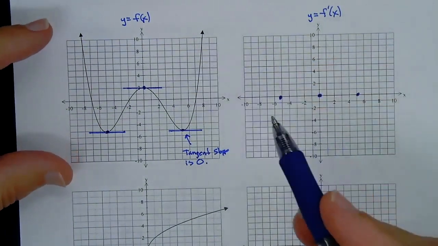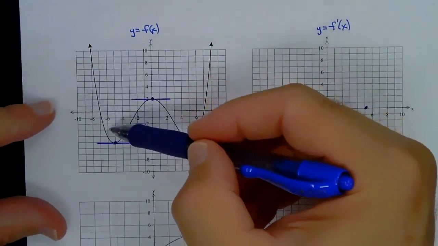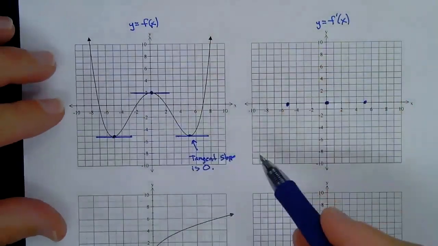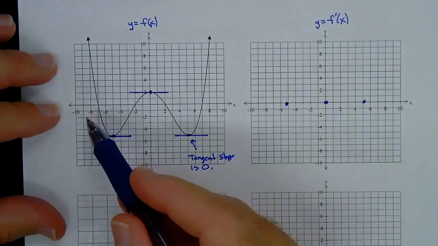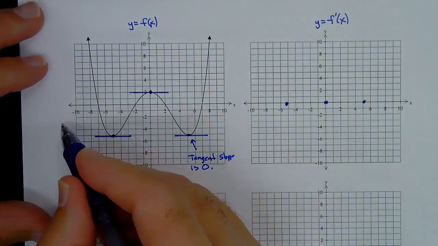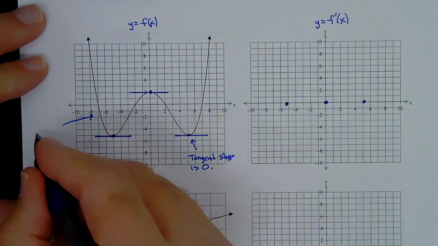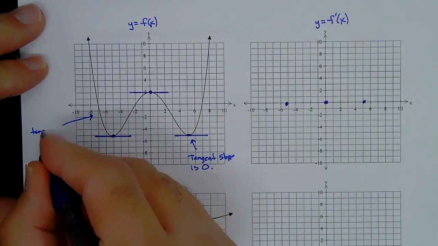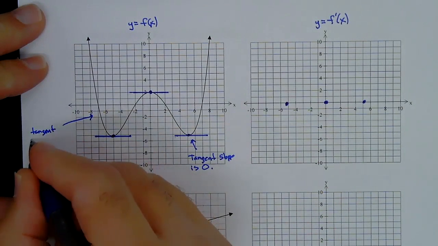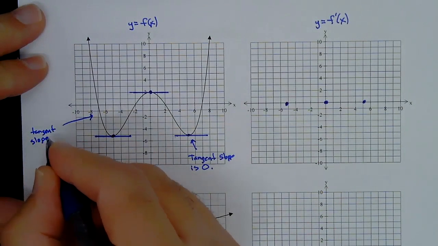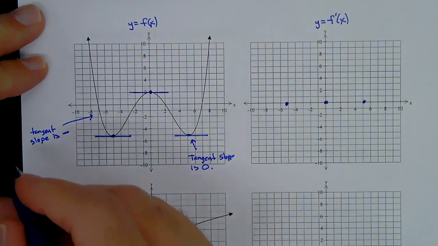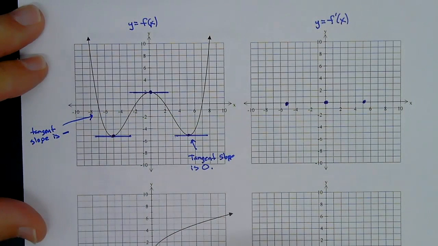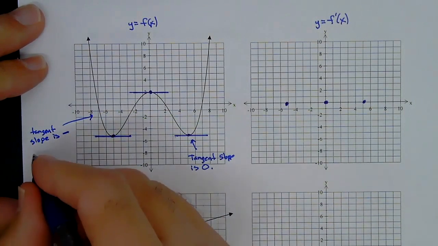So since these are all negative right here, that means the graph of f prime is going to have to be below the x-axis. So this tangent slope is negative. I'm going to just write a little negative sign. That means f prime is below the x-axis.